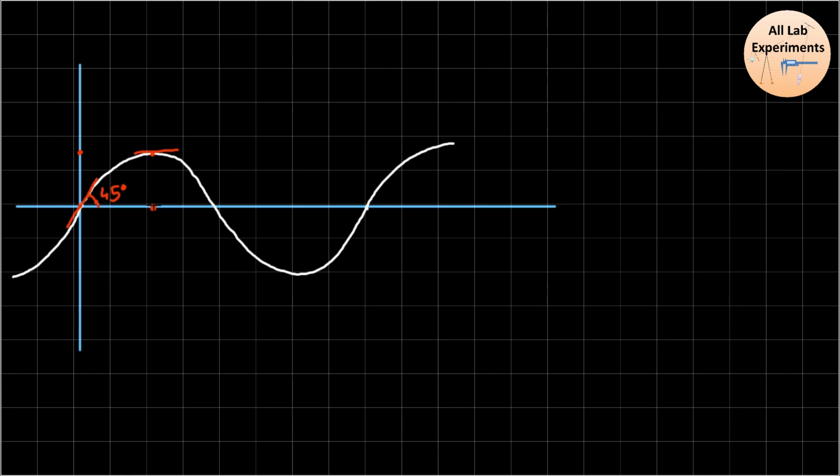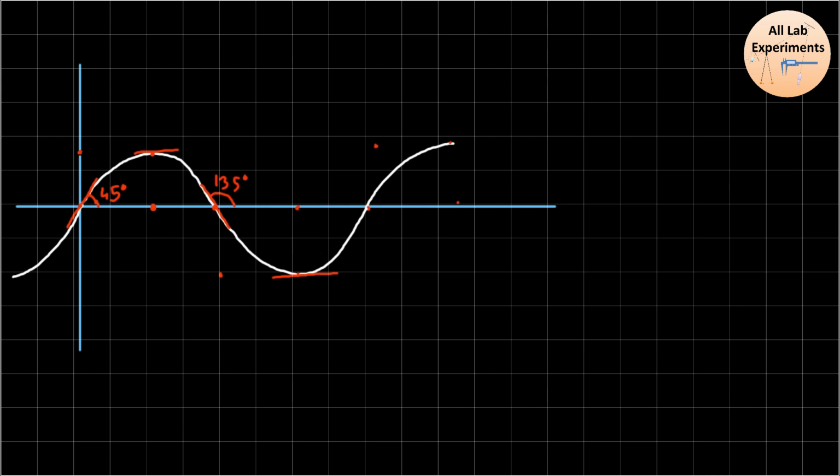I am also drawing this on the graph. Now come to this point. This is 135 degrees and tan 135 degrees is minus 1. Now come to this point. Again its slope is 0, then again this gives you 1, again this gives you 0.